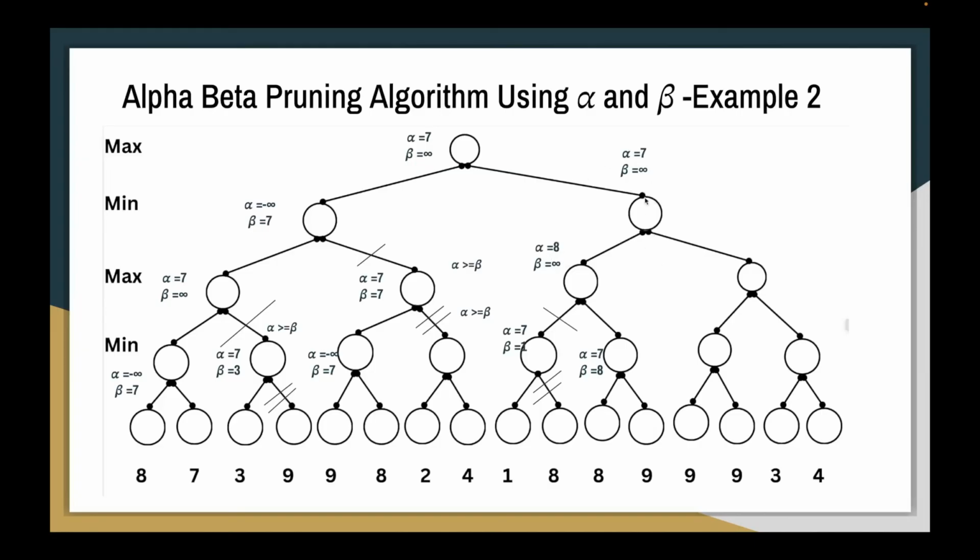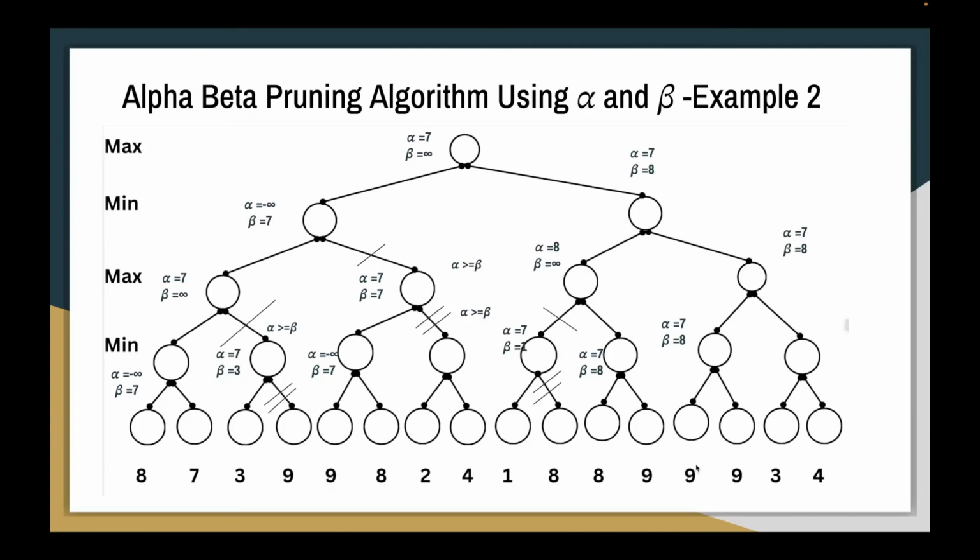Here this is the minimizer, so the beta value will be changed. 8 and then infinity, which one has the lesser value? 8. So this value becomes 8 now. Now the same value will be passed to the next node, and 9.